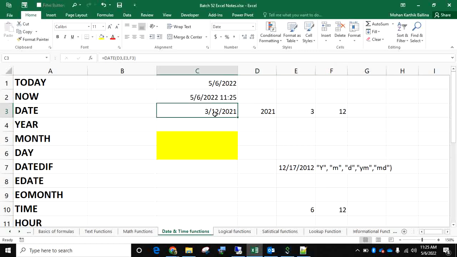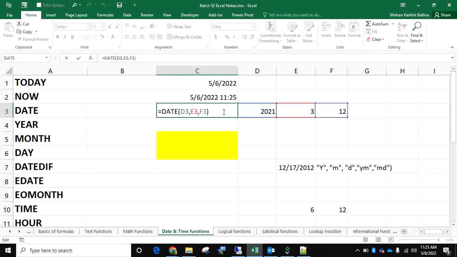Sometimes in our data, the year, month and day are given separately. So we need to create a date, and then we use the DATE function.